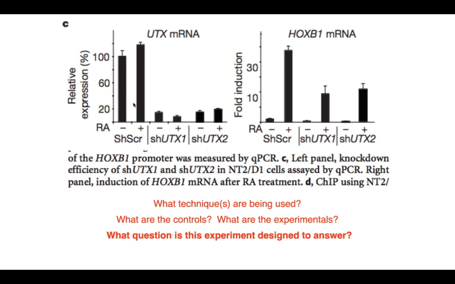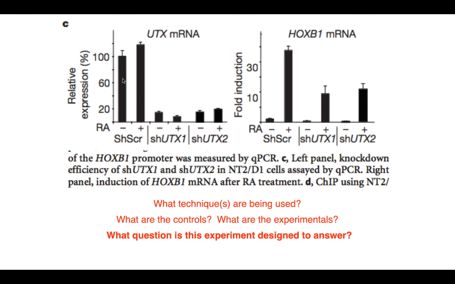So retinoic acid doesn't seem to play a role in how much UTX messenger RNA is going to be made and how much protein is going to be made. What retinoic acid appears to be doing is localizing that UTX protein to the promoter of HOXB1. But that's in a different experiment.